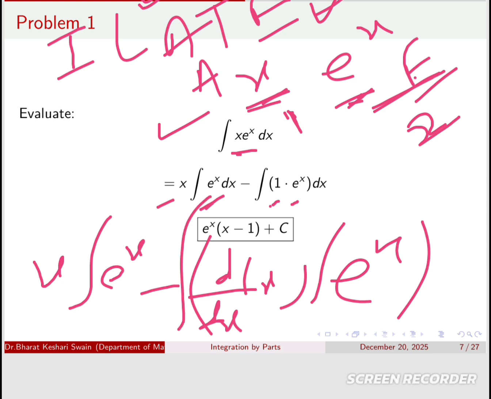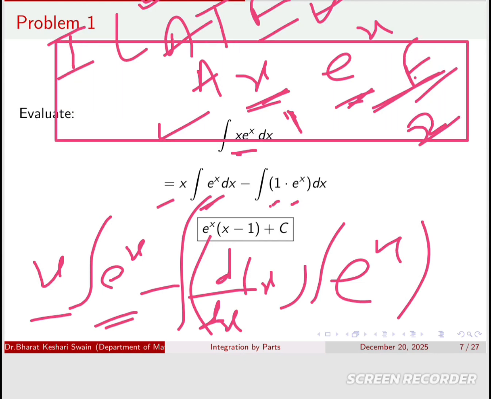This is the formula. So that will be equal to x, then integration of e to the power x means only e to the power x. What will be the result?